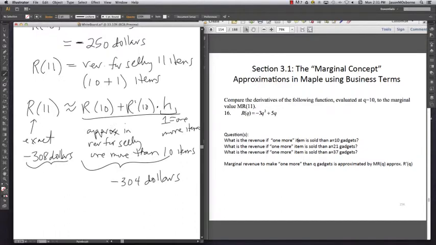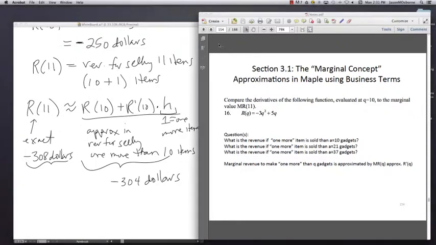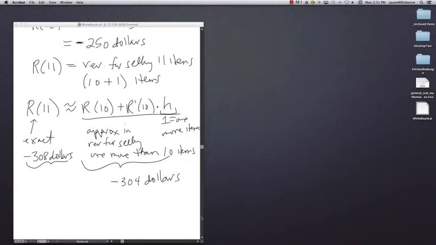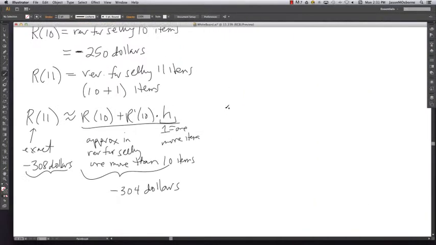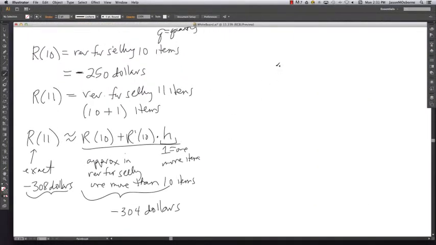So here comes the marginal concept. We need to introduce the marginal revenue idea. So let me minimize this, and then let's bring back up a little bit more room here. So let's bring up the marginal revenue.